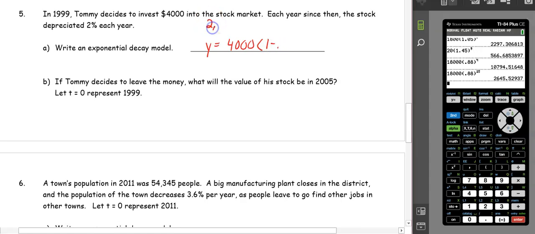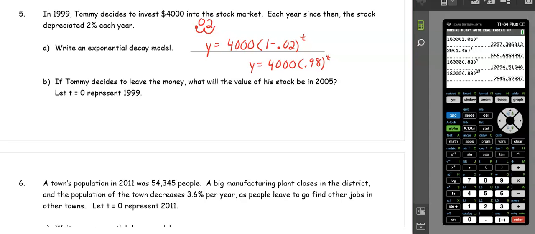minus, we're going to take 2%, turn it into a decimal, so it'll be 0.02 to the t power, which simplifies to y equals 4,000 times 0.98 to the t power. If Tommy decides to leave his money, what is the value of his stock in 2005? So he started in 1999, so in 2005 that would be 6 years. So we're going to put 6 in for t.